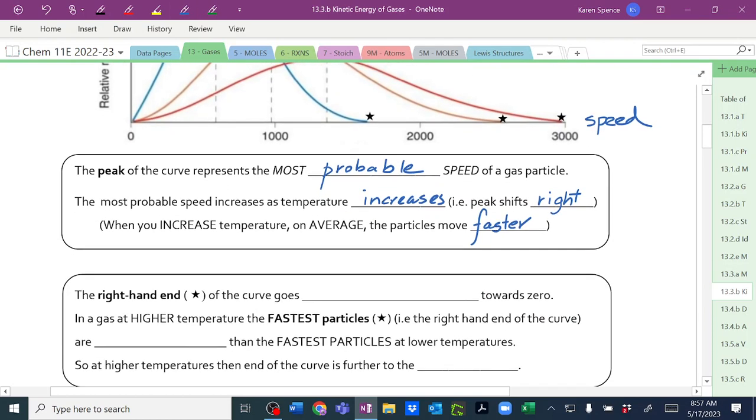The right-hand end of the curve, which is indicated by the star, goes asymptotically towards zero. So in theory, you could have an infinitely fast particle for any of these curves, but they peter out.